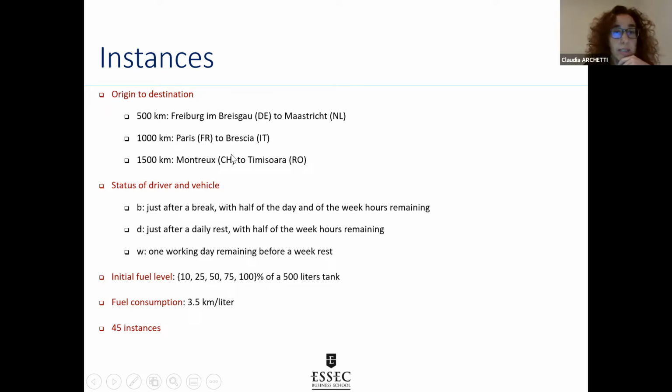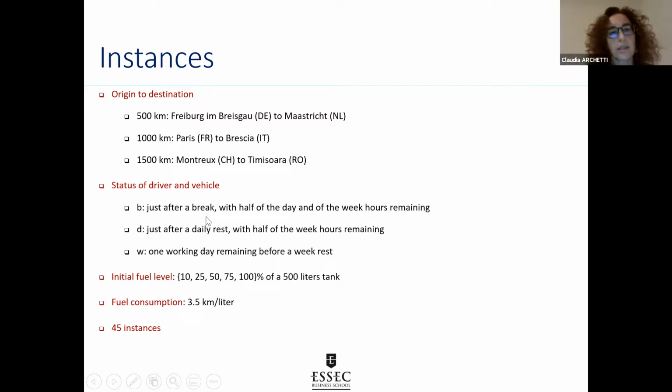For each of these 3 distances, we created different instances according to the initial status of the remaining driving hours and tank level at the origin. According to the remaining driving hours, we consider the case in which the driver has just had a break before starting from the origin, or just had a daily rest, or just had a weekly rest.